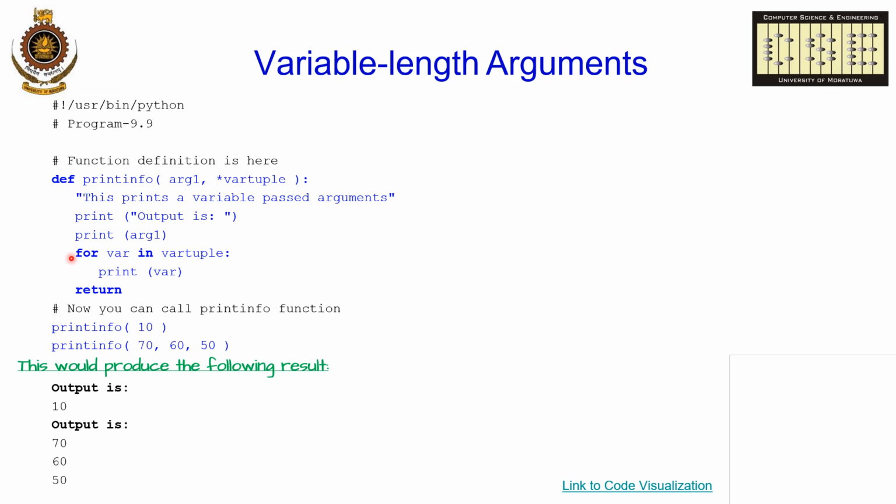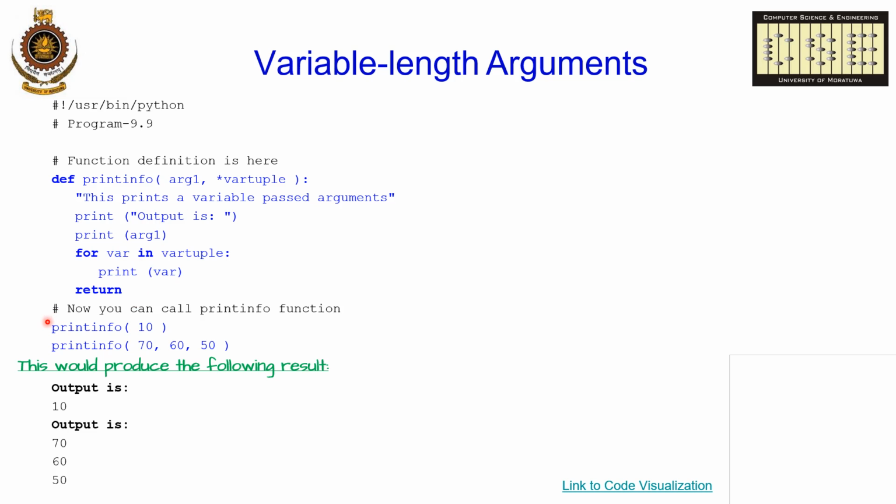Inside the function, first we print the first argument. Then we use this for loop to iterate through this var tuple, the variable length list of arguments, and print each of those.